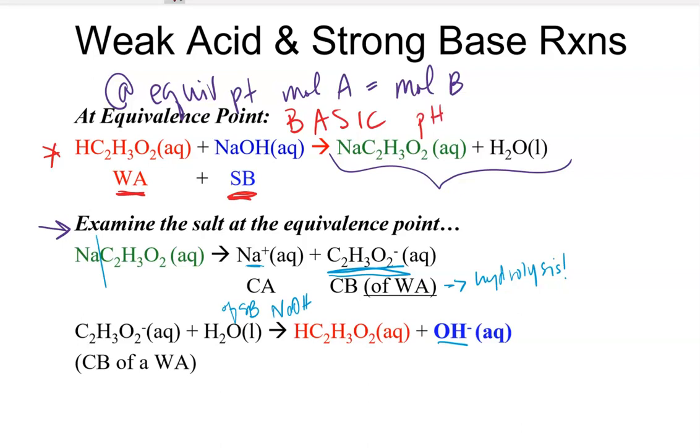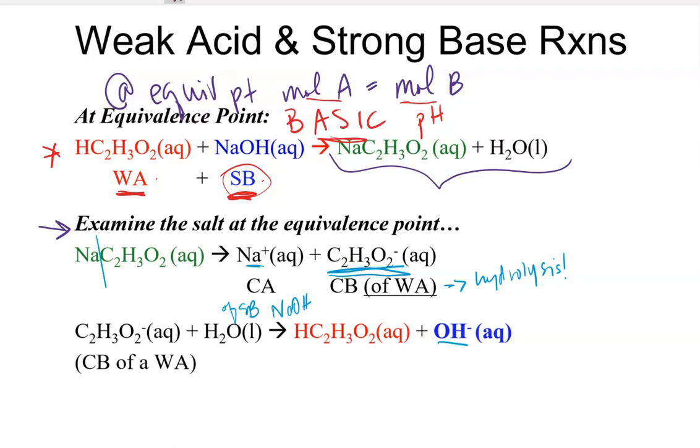And it's so confusing to students because they want to look at that and say, oh, well, it's a basic pH at the equivalence point because we added a strong base. But that's not the reason why. It's not that the strong base is overpowering the weak acid. Remember, at the equivalence point, we have equal moles. So it's not the base and the acid from the reactants that are playing any part in the pH of the equivalence point.